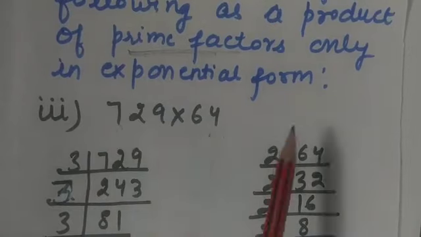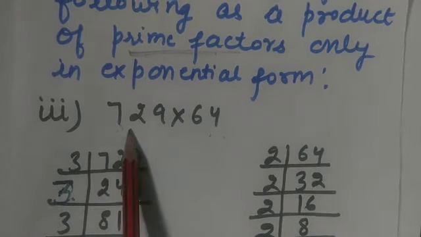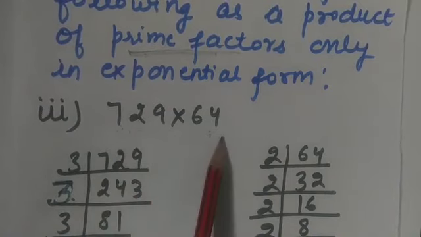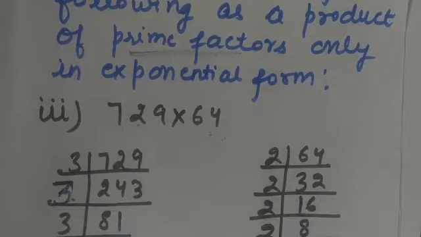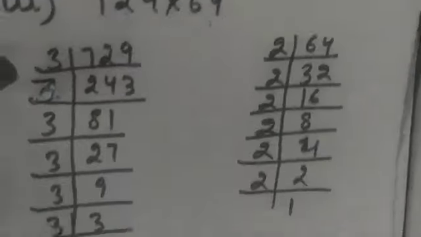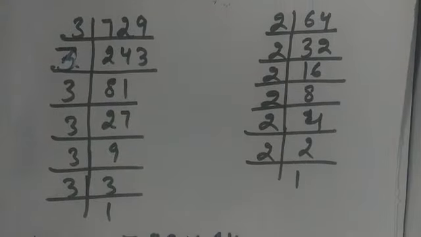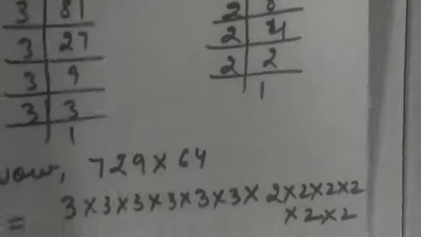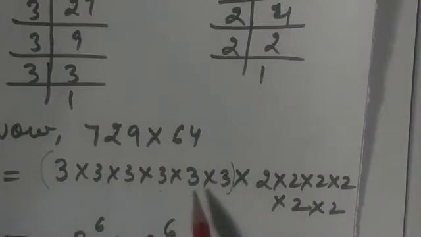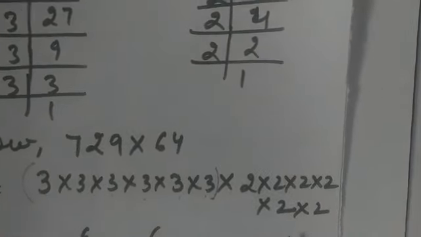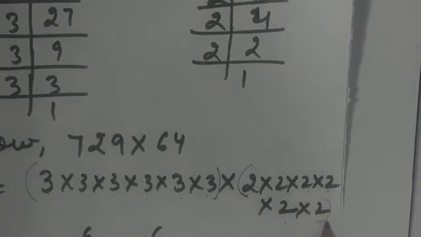If one number is given, then you have to take the prime factorization of that number. If you are given a multiplication of two numbers, product means multiplication, then we have to take the prime factorization of each number. So I have taken the prime factorization of 729 and 64, and on taking them, 729 can be written as 3 into 3 into 3 into 3 into 3 into 3, and 64 can be written as 2 into 2 into 2 into 2 into 2 into 2.